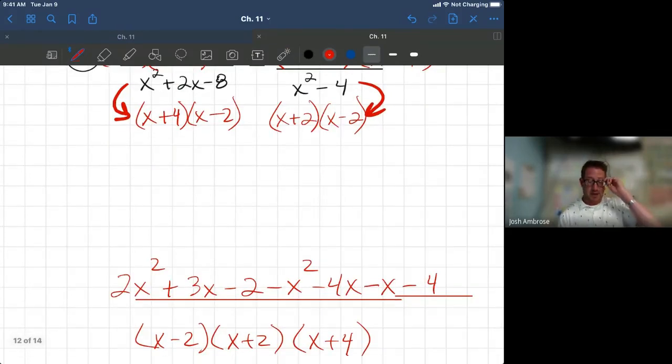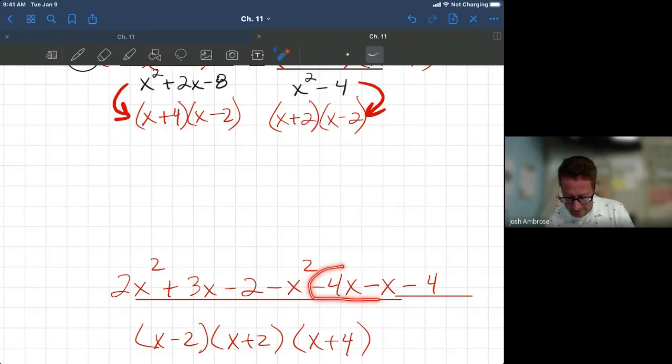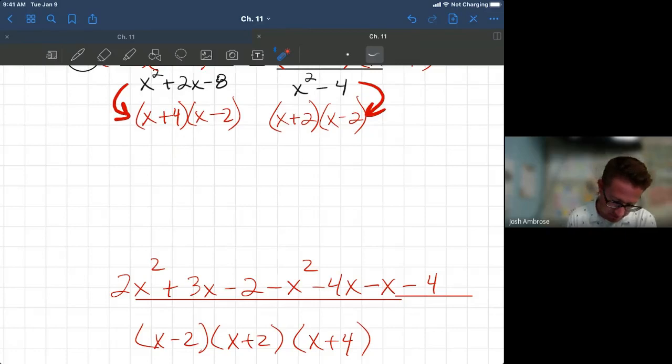Okay. We have more like terms right here. -4x and -x, they are like terms in the same family.